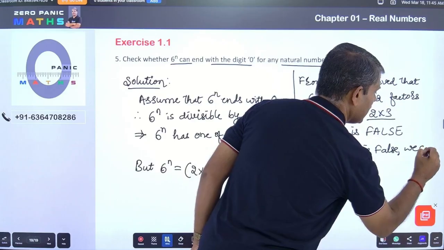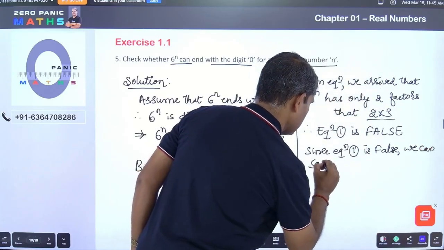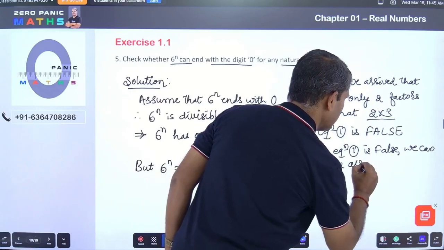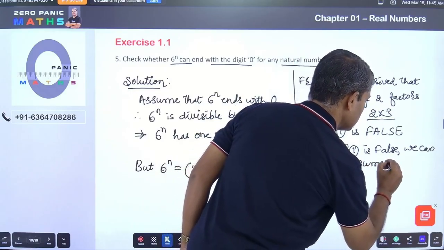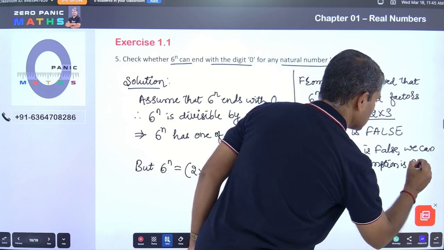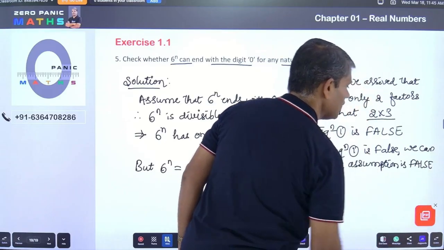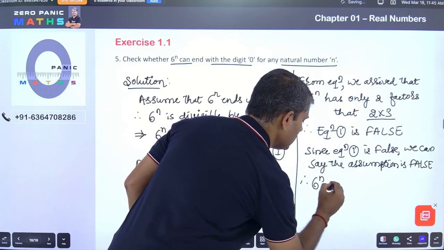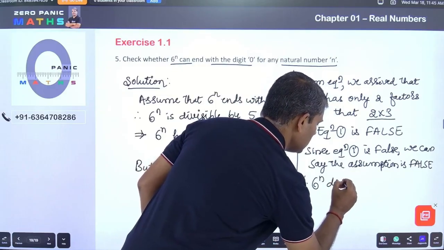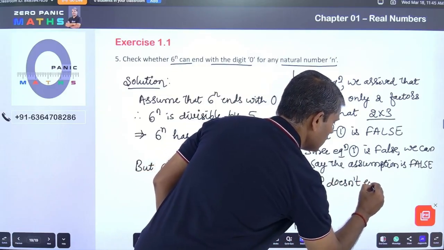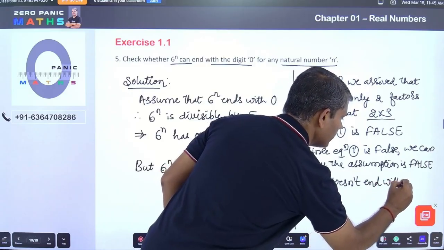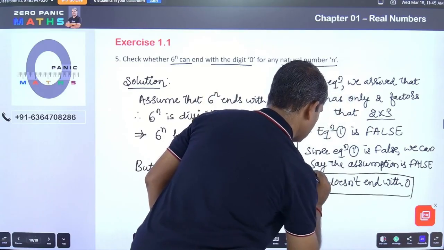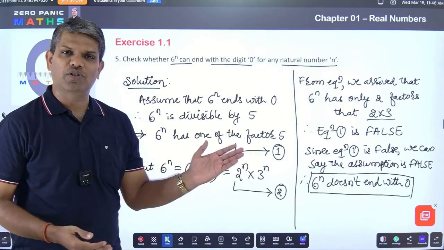Therefore 6 to the power of n does not end with 0. This is the solution of this.